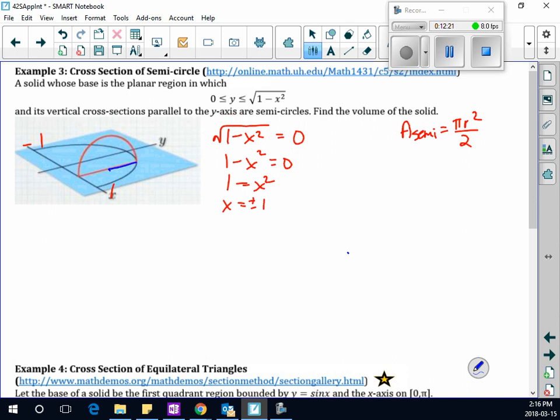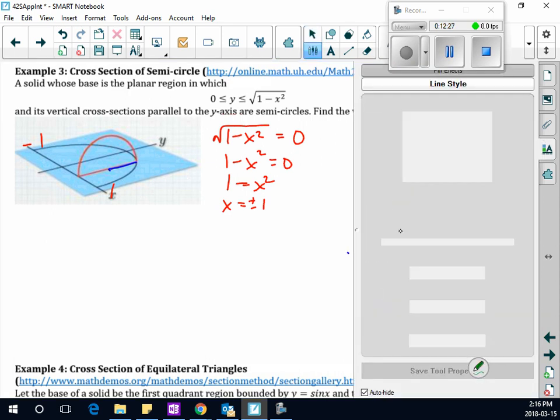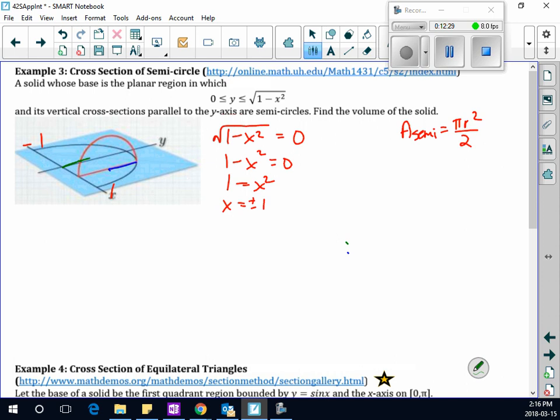If you think about that for a second, you do know this radius right there. The radius is whatever this is, so this is going to be half of that. So the radius is the square root of 1 minus x squared, divided by 2.